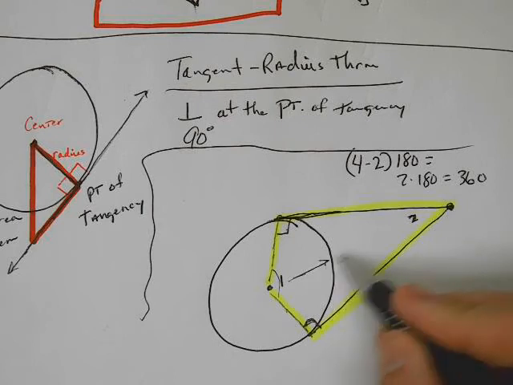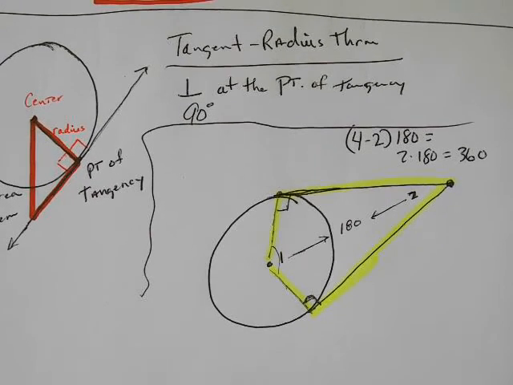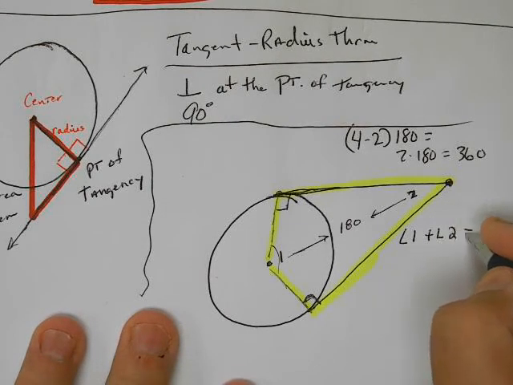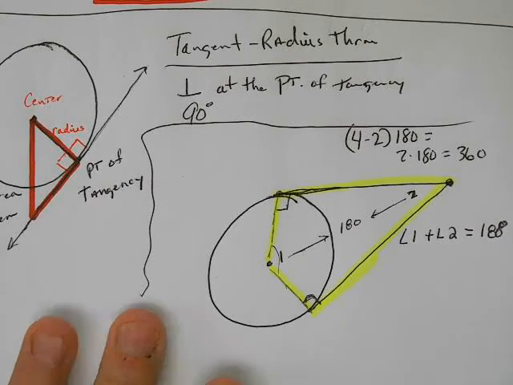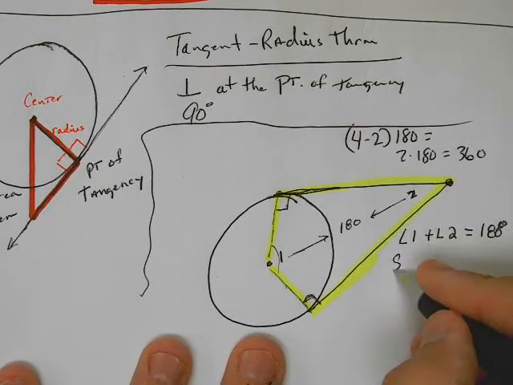Then these angles have to be supplementary, because they all have to equal 360 in a quadrilateral. So angle 1 plus angle 2 is equal to 180 degrees. They are supplementary.